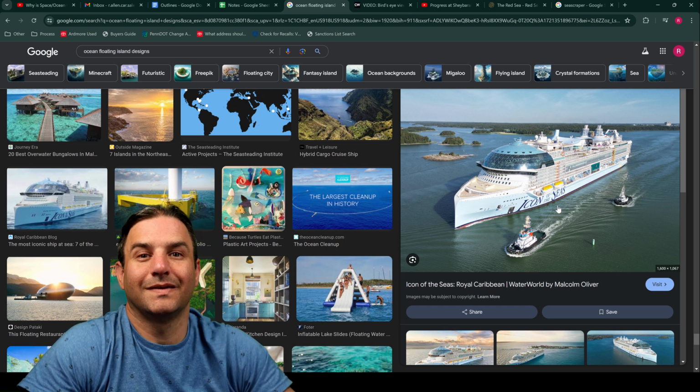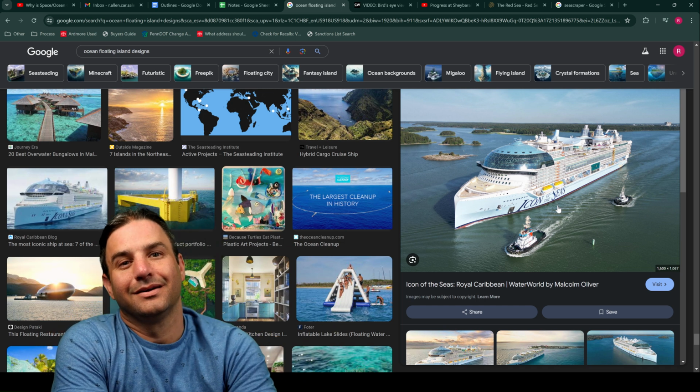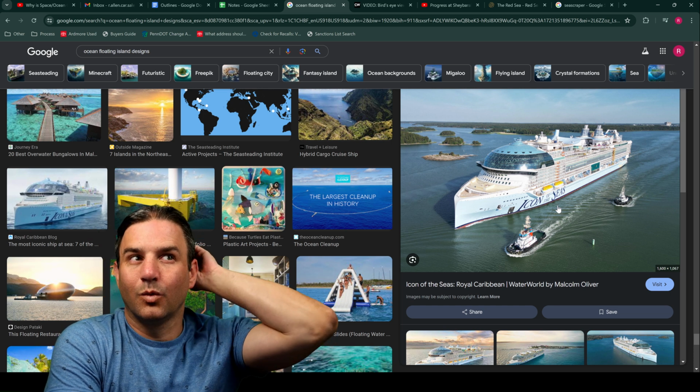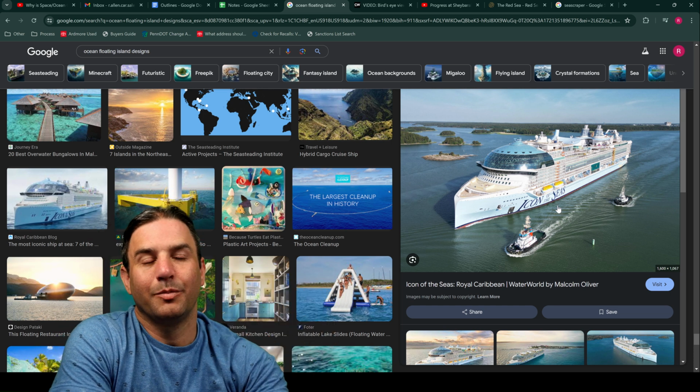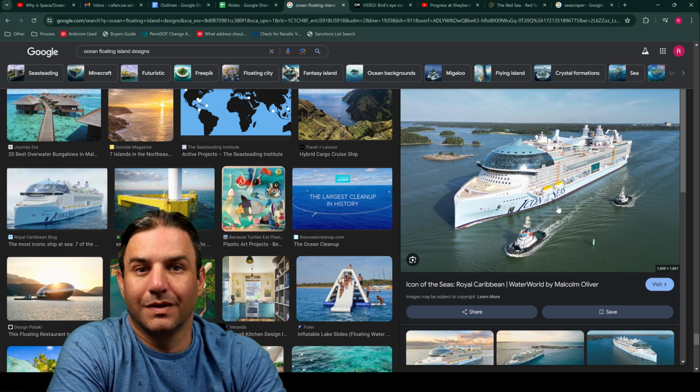I feel like that is the next step past cruising. Because the cruise industry has really figured out what people are willing to pay for and how much they're willing to pay for it. Where's the market?